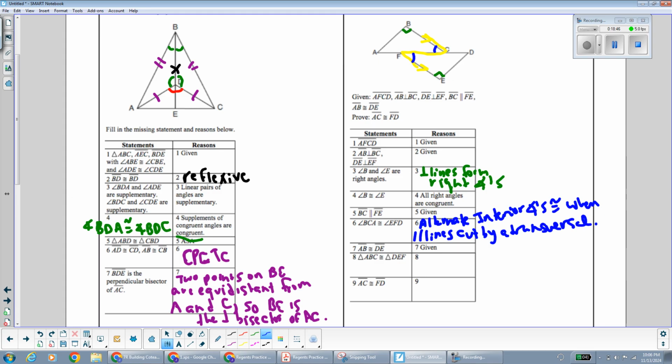And then they also told us in the givens that AB is congruent to DE. So here we have angle, angle, side. To prove the triangles congruent, you could also write SAA, it's the same thing. And then we can determine, once the triangles are congruent, that AC and FD are then congruent due to CPCTC, because they're corresponding sides of the congruent triangles.